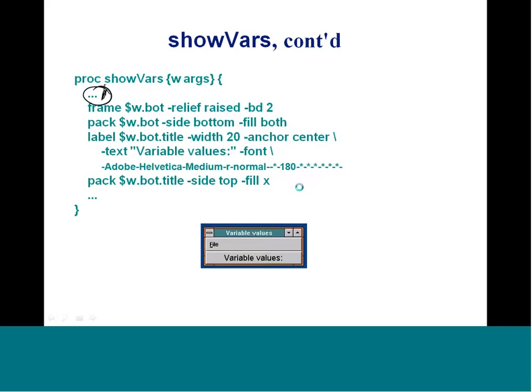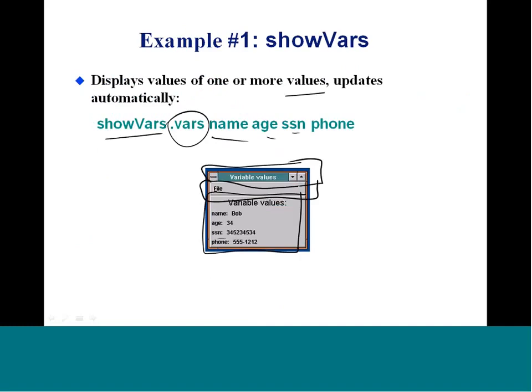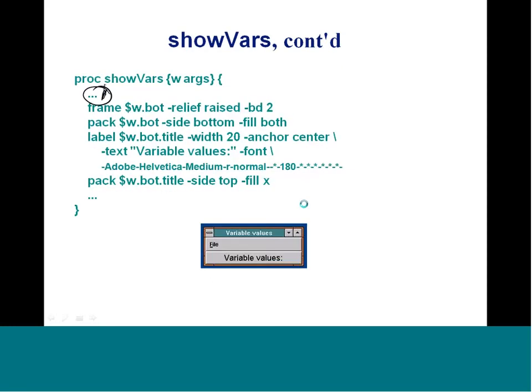For that, first we need to define the variable values, which is just this much. So how do we do it? Basically we again define the frame, and here we have this one as $w.menu. Now this portion, this window, is called $w.bot, and we are packing it from the bottom.